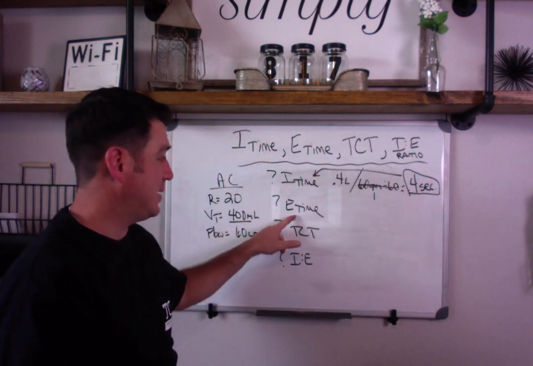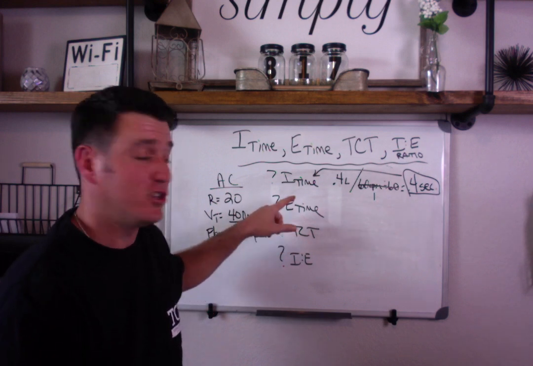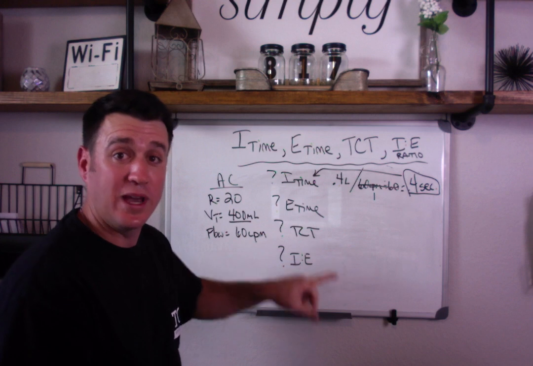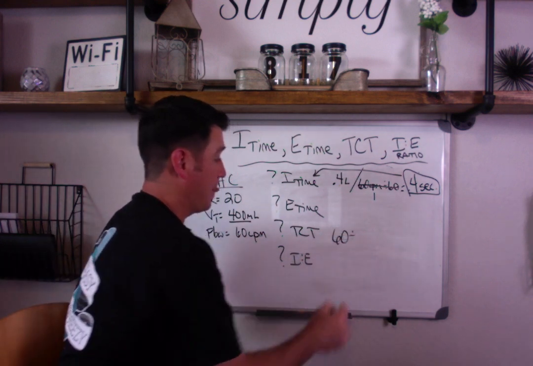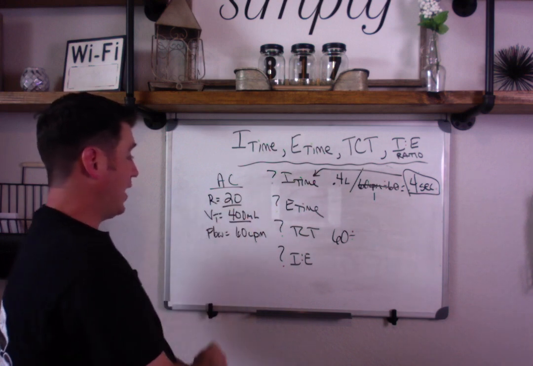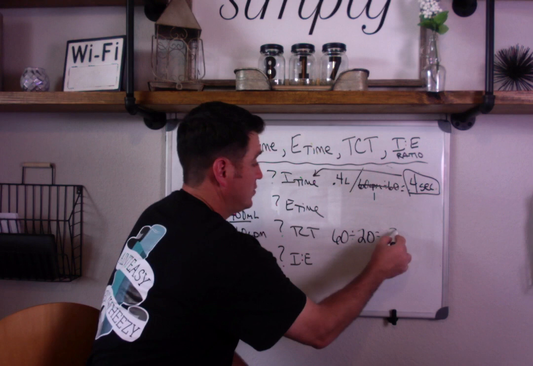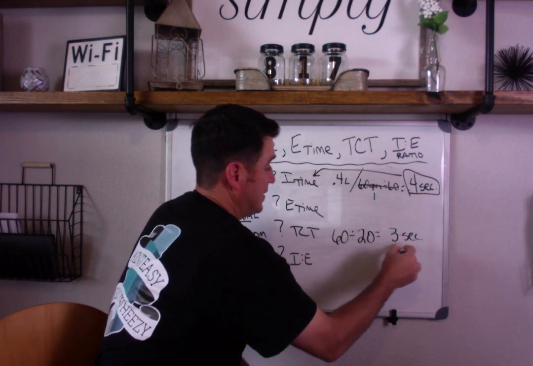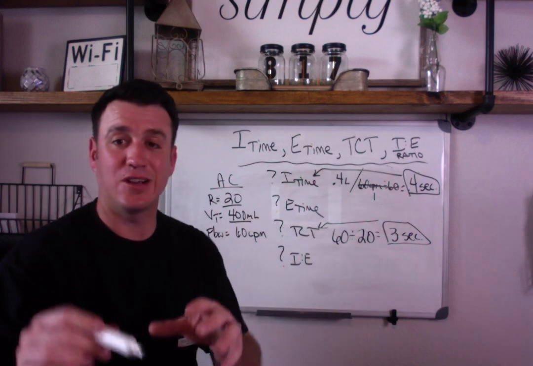Now what's our E time? We don't know yet, because to get our E time, we have to know our total cycle time. We get our total cycle time by saying 60 seconds, we're giving 20 breaths. Okay? So 60 divided by 20 equals 3 seconds. Okay? This is our total cycle time.